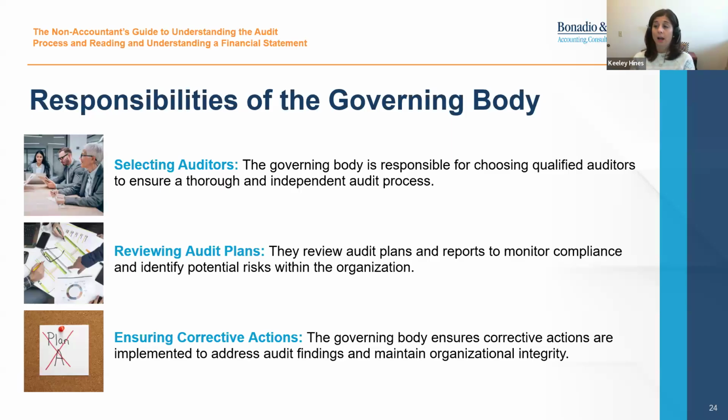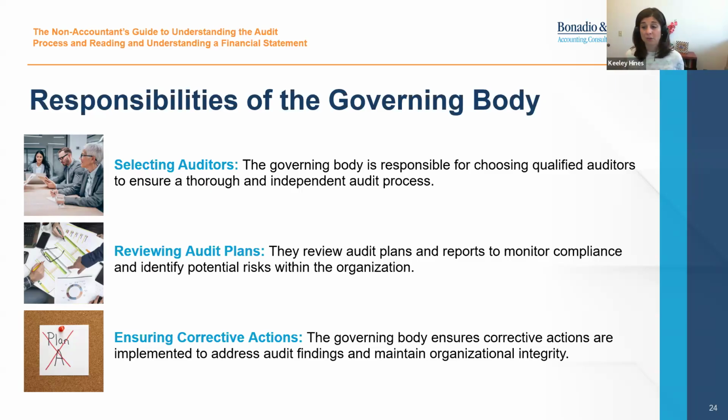But really, the governing body should be saying, yes, here's this independent party that we're engaging in contracting with, and really overseeing that audit process to say, yes, here's what I'm expecting, here's a timeline, here's how this process should go.